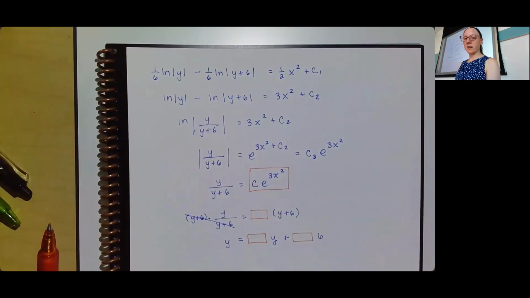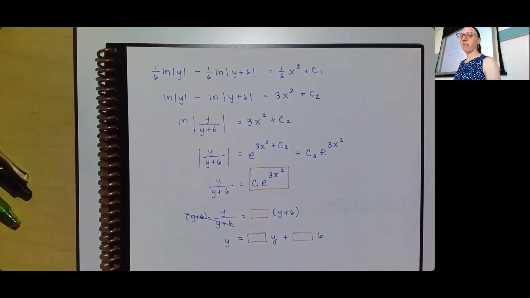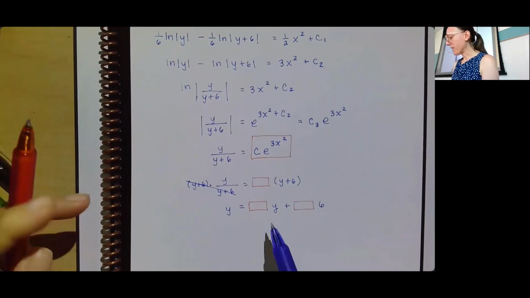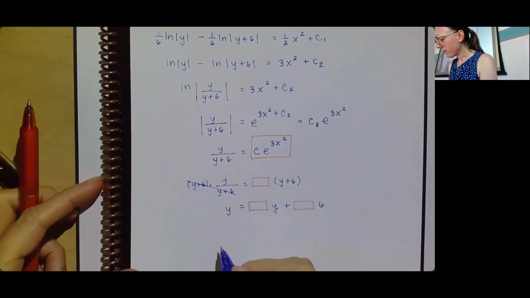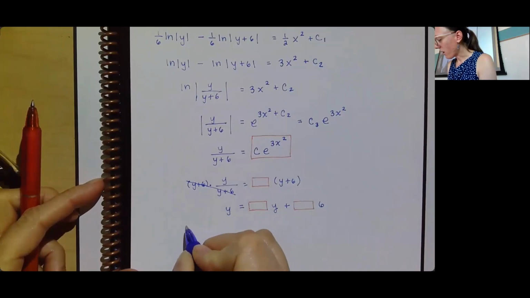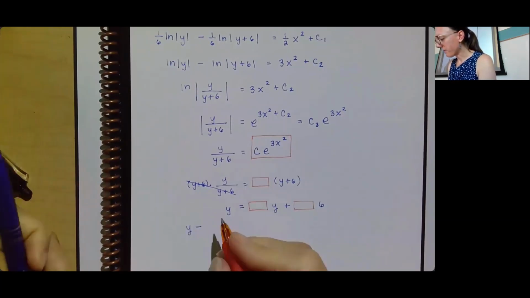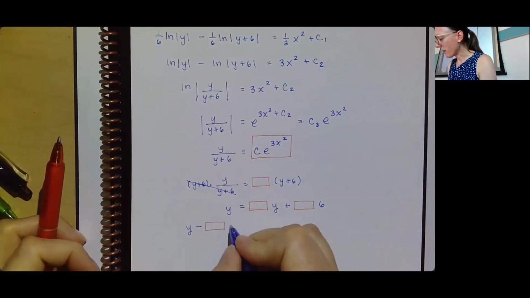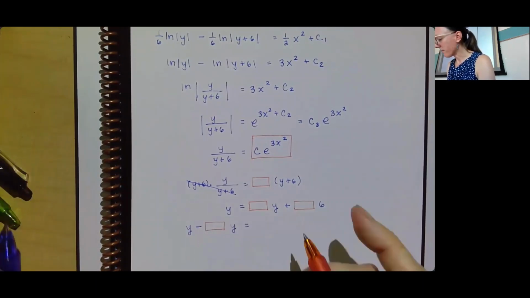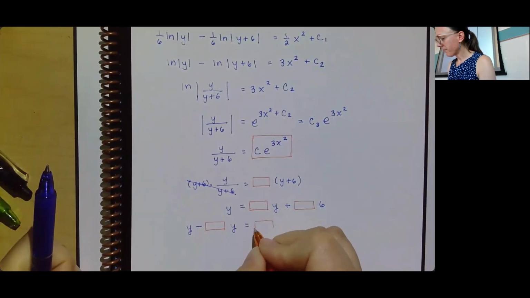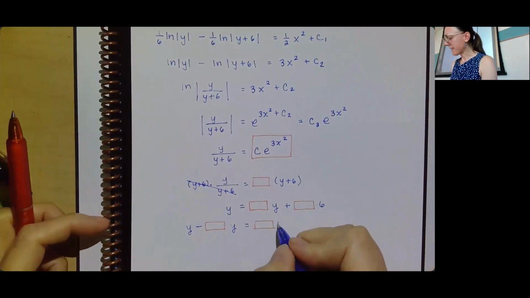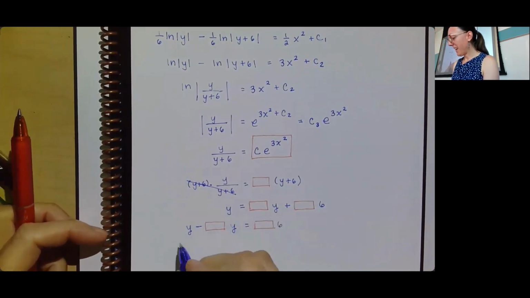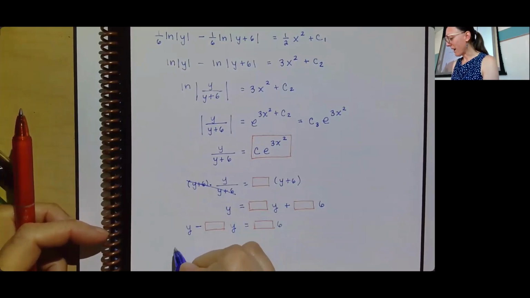And if my goal is to get the y's together, I'm now going to subtract this over so that I've got y minus my box times y equals the box times 6. I can factor the y out.